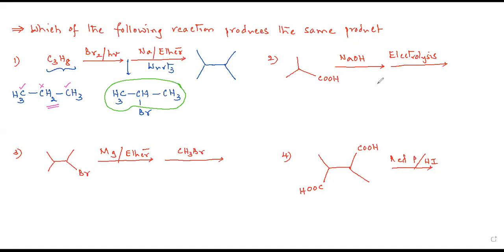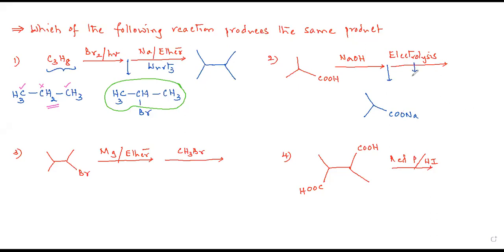Now go for the second one. Now here we get the sodium salt of the given carboxylic acid. Of course, the given carboxylic acid is 2-methyl propanoic acid.